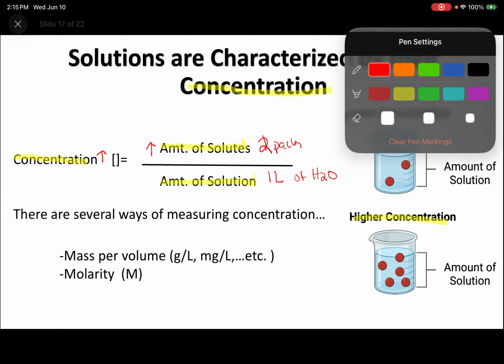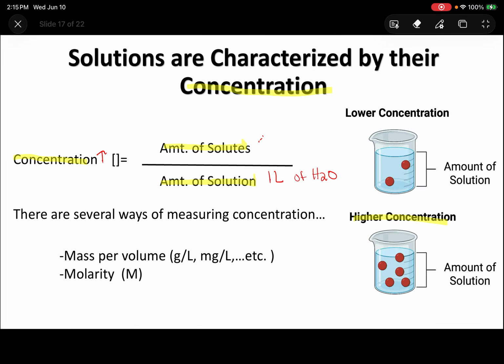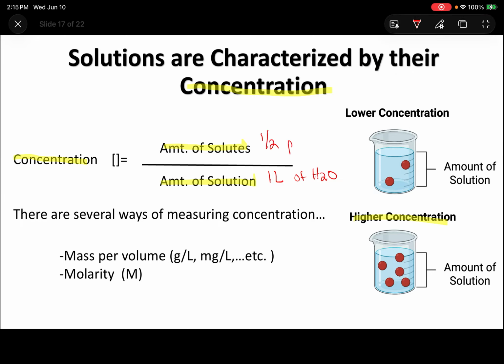We call that higher concentration. We can also decrease. So instead of doing 1 pack, maybe I just do half a pack of Kool-Aid. I'm going to lower my solute. I lower my concentration. There's less Kool-Aid in the water than previously.